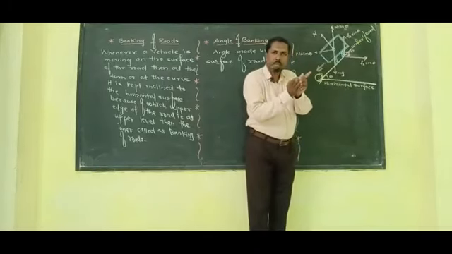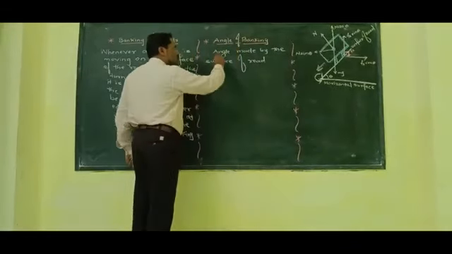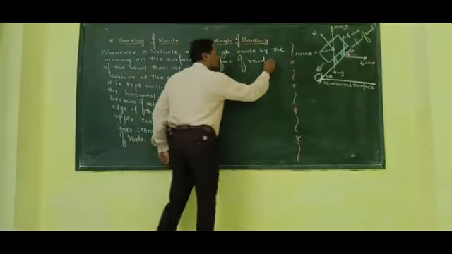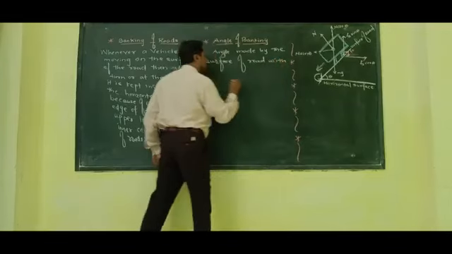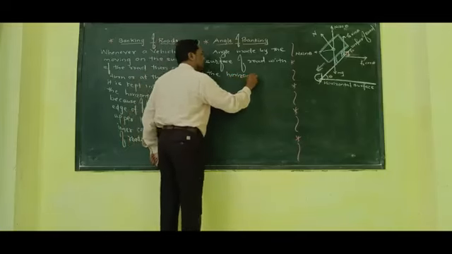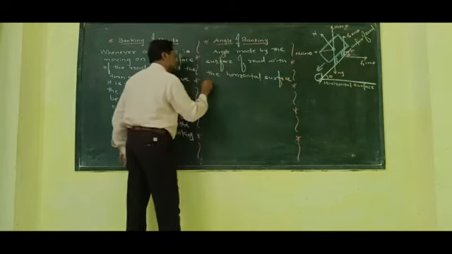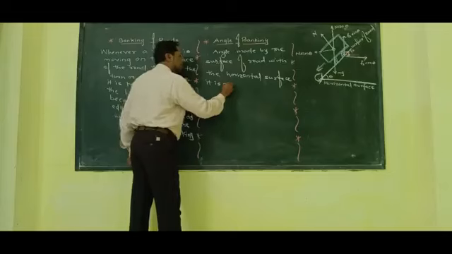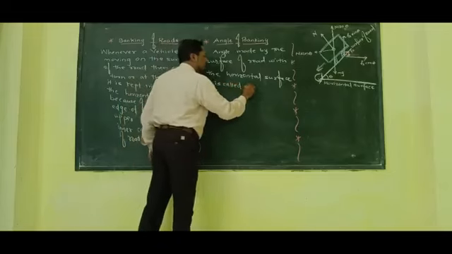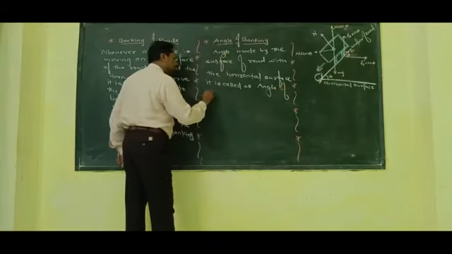Both these roads are making the angle. That angle is called angle of banking. What is angle of banking? Angle made by the surface of road with the horizontal surface is called angle of banking.